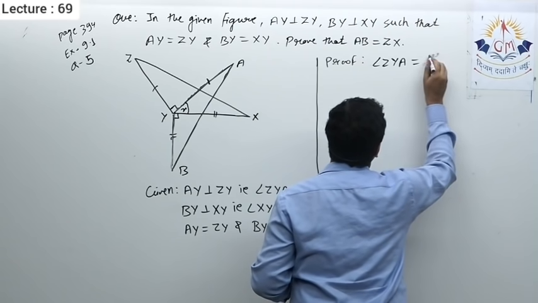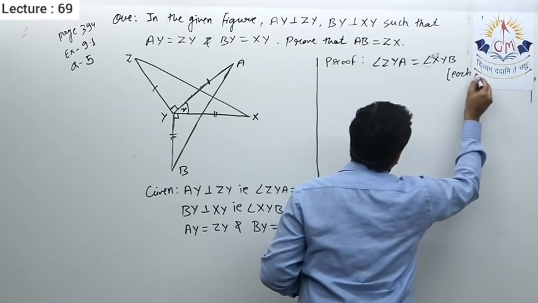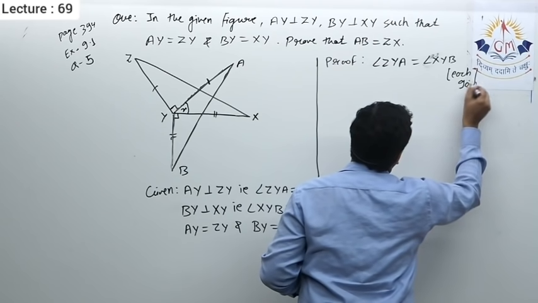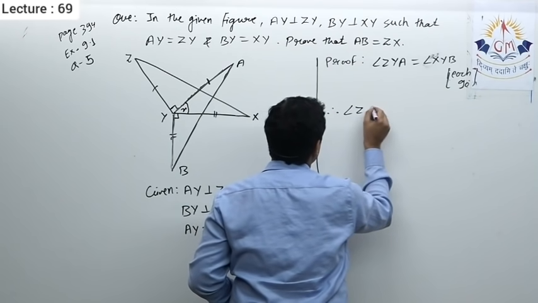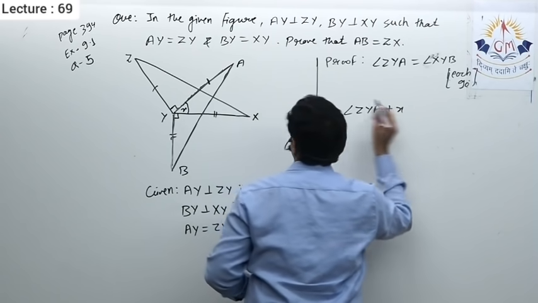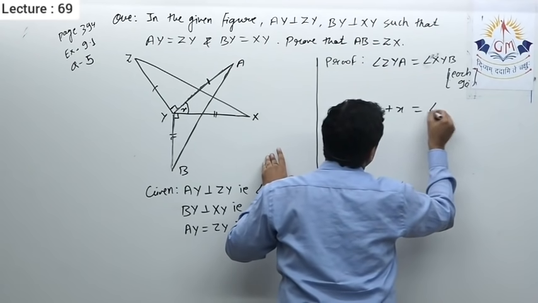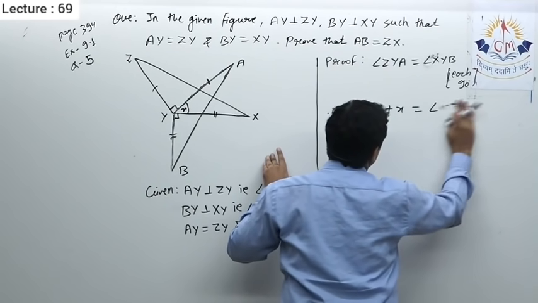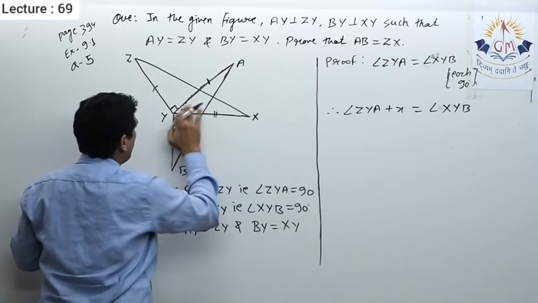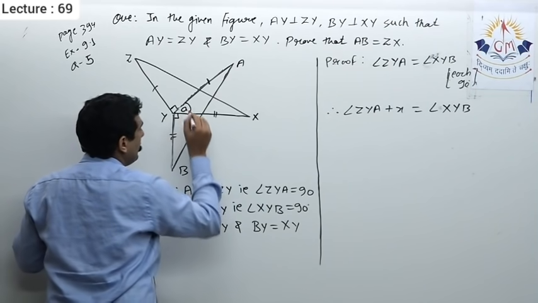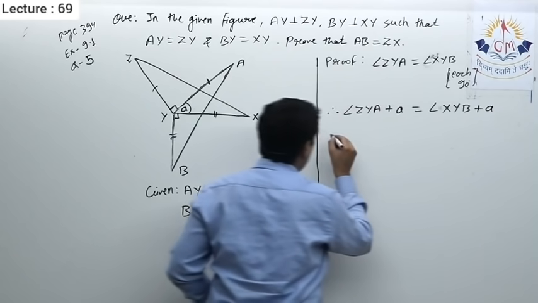Reason: each is 90 degrees, that's why they are equal. Now therefore I can say angle ZYA plus angle AYX should be equal to angle XYB plus A. I'm not taking X because X is already there, I'm taking A. Adding A on both sides.